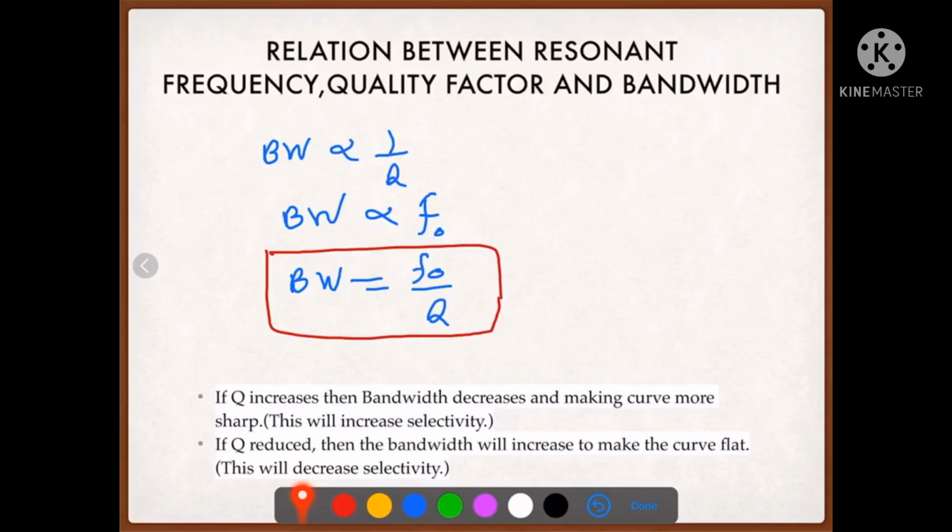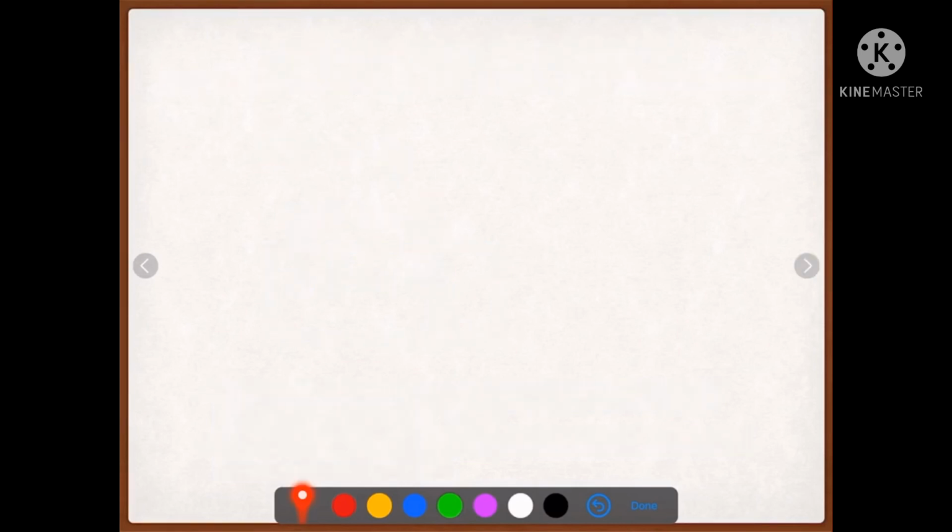So let's conclude at this point what we have learned in this video. First, we have learned the formula for quality factor.